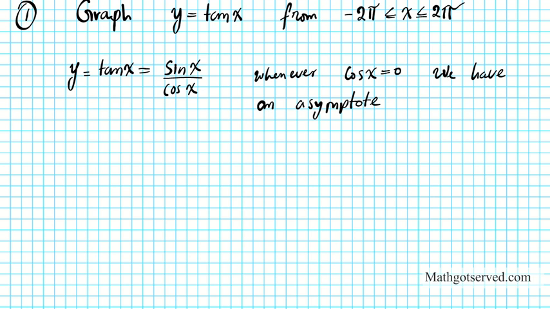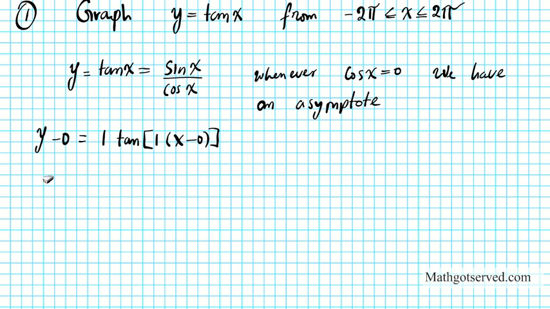Since this function we have in standard form is y minus 0 equals 1 tan 1 parenthesis x minus 0, we're going to be focusing our attention on the cosine version of this exact function to determine where our asymptotes are.